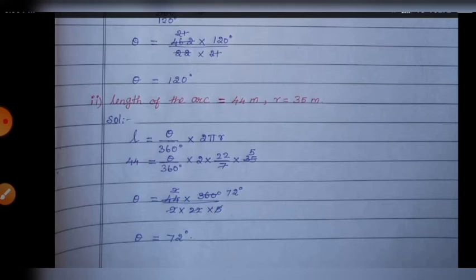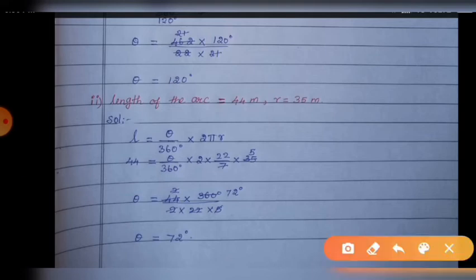Here the arc length is given, so we use the circumference formula 2 pi r. Here L is equal to 44, theta by 360 degree into 2 into pi, whose value is already given in the hint, 22 by 7. Here R is 35. Using the 7th table, 7 5s are 35.